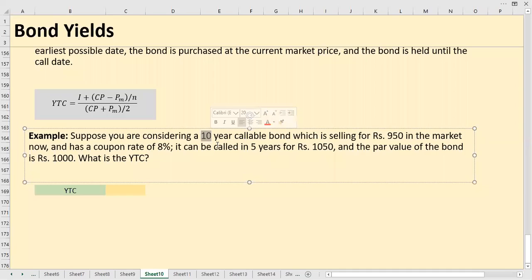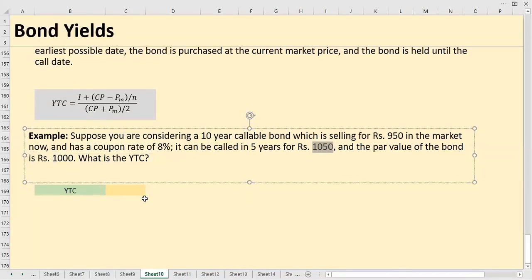Another difference is the calling price. For yield to maturity, you go with the maturity value, that means the face value of the bond, 1,000 rupees. But for yield to call, you go for the call price, that is 1,050. Now let me calculate this.